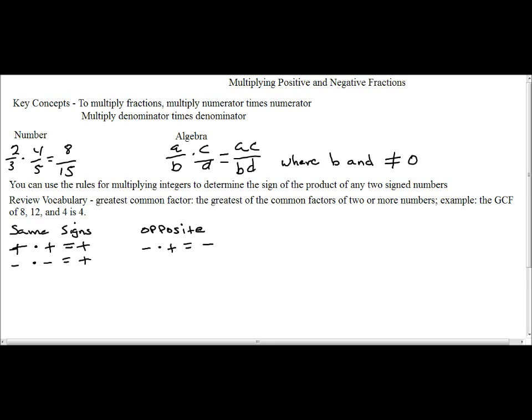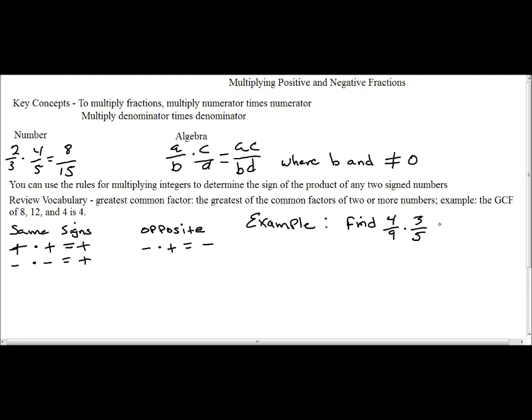Okay, so let's take a look at multiplying a positive fraction. So we'll put up an example, and this example is multiplying positive fractions. Let's say we want to find 4 over 9 times 3 over 5.